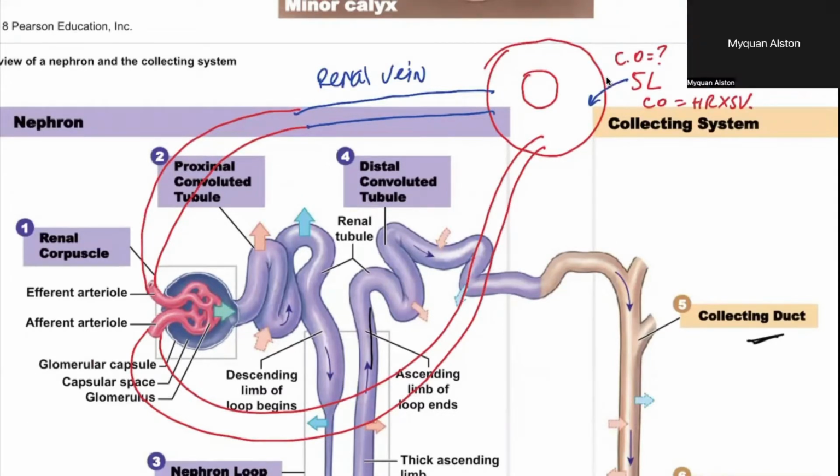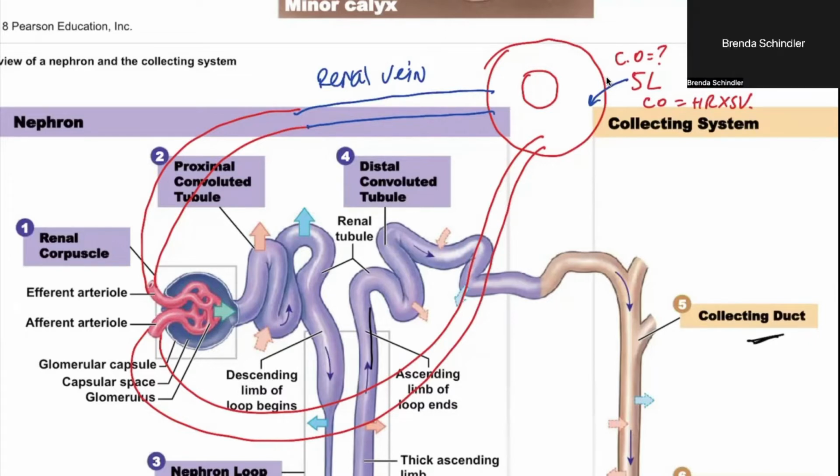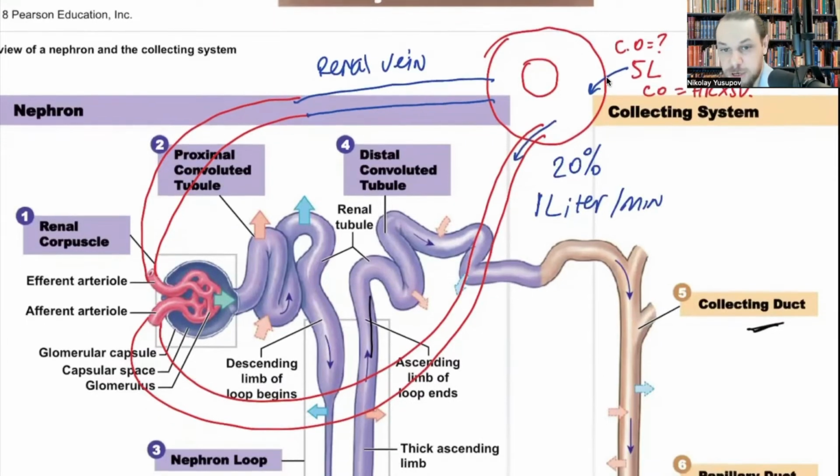What's the percentage? 1%? How much? 25%? Who said that? Brenda? Brenda, very good. You're very close. Roughly speaking, it's about 20%. So you are on point. So about 20% of the 5 liters is coming into your kidneys. So 20% of 5 liters is about 1 liter. So about 1 liter per minute is coming to your kidneys every minute.